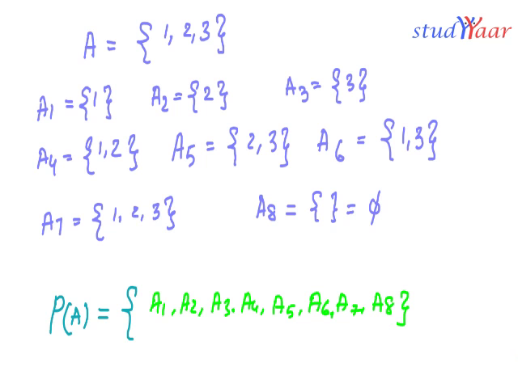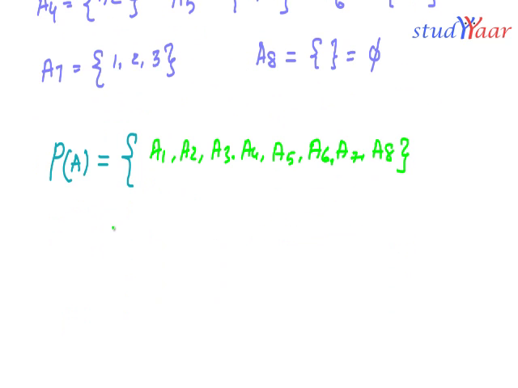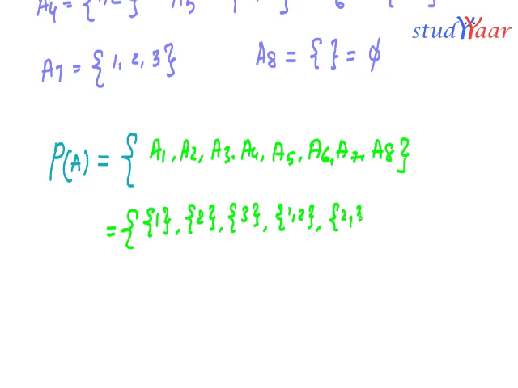You can write it also like this: {1}, {2}, {3}, {1, 2}, {2, 3}, {1, 3}, {1, 2, 3}, and a null set. This is the power set of A.